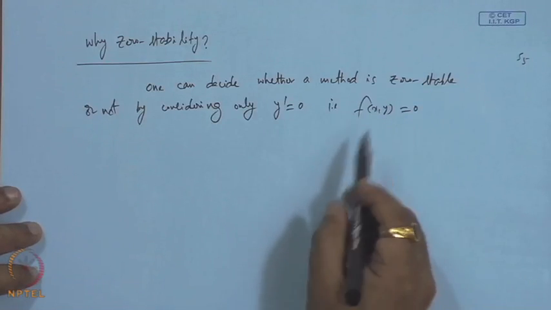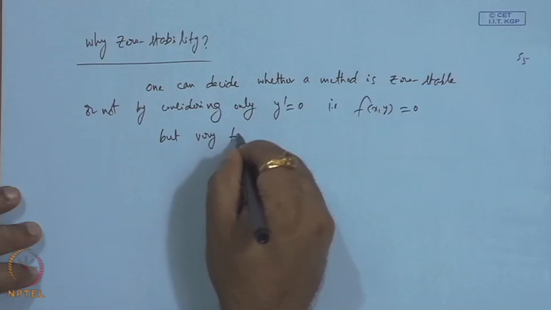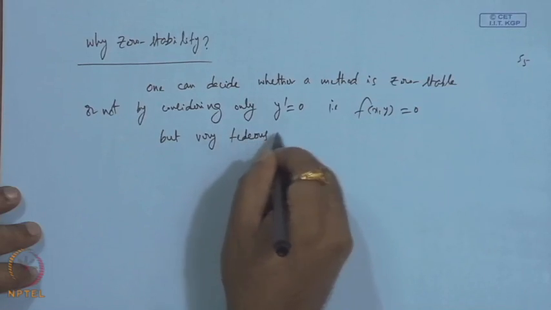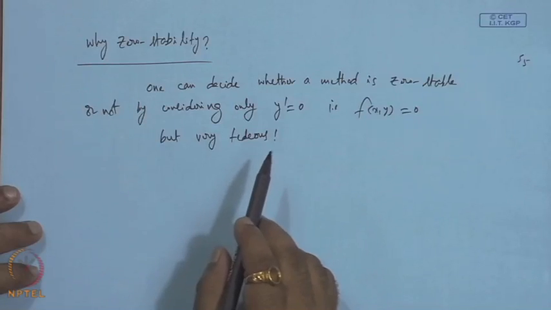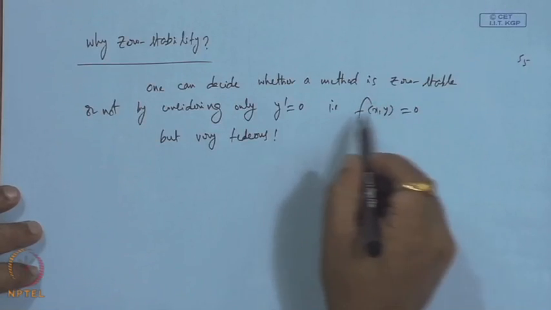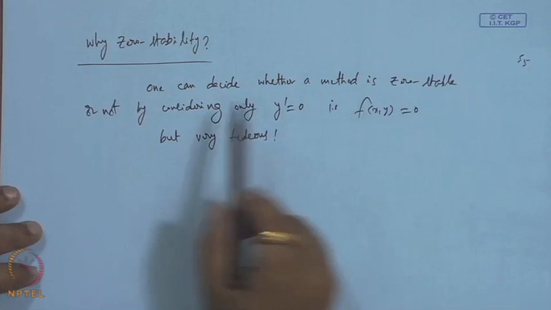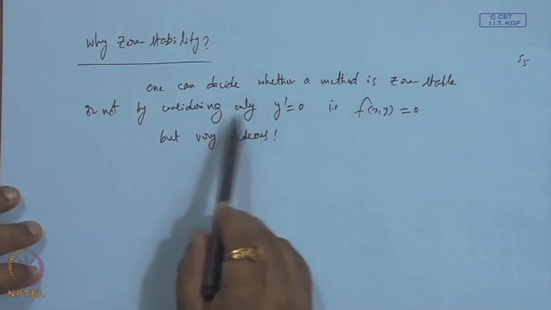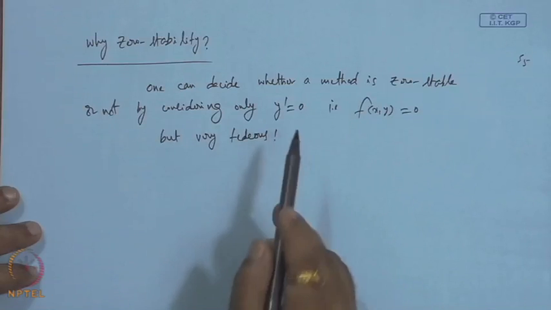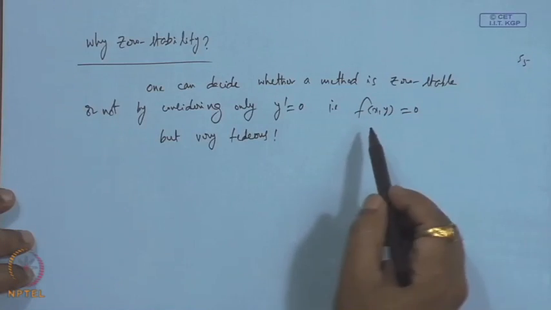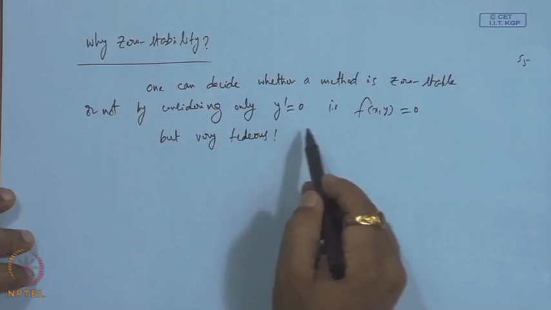This is possible, but the corresponding analysis is very tedious. That is how the word 0 has come. Whatever definition we have given for 0 stability can be verified by considering just y dash equal to 0, but the analysis is a little involved. Hence, f is 0, therefore, the 0 stability.